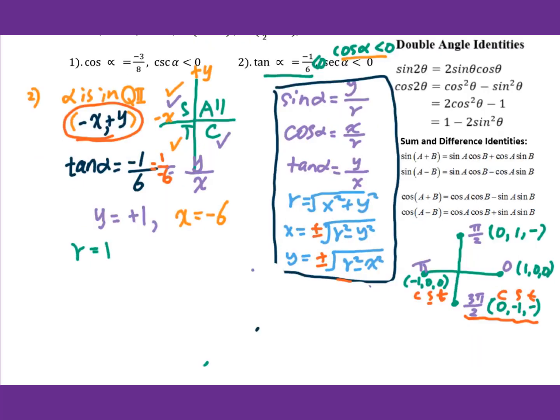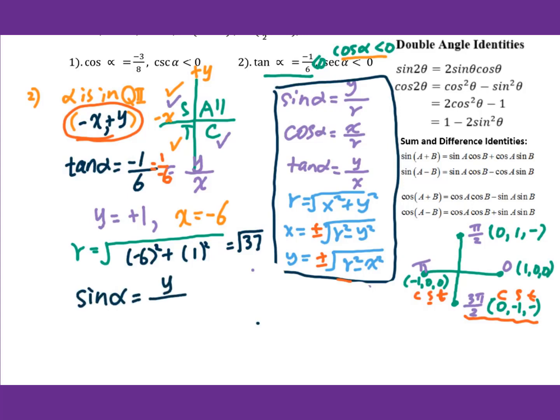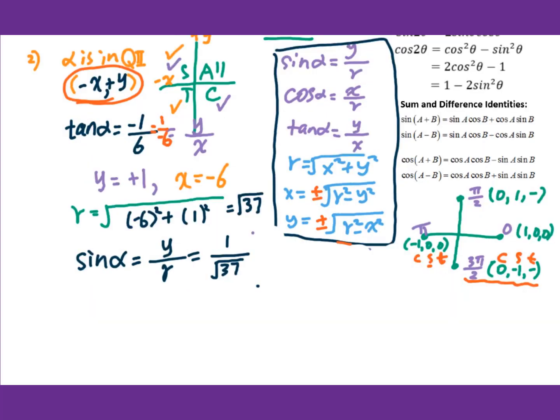Therefore, we got r equals the square root of x squared plus y squared, which means negative 6 squared plus 1 squared. That is square root of 37. Therefore, sine alpha equals y over r, which means 1 over square root of 37.